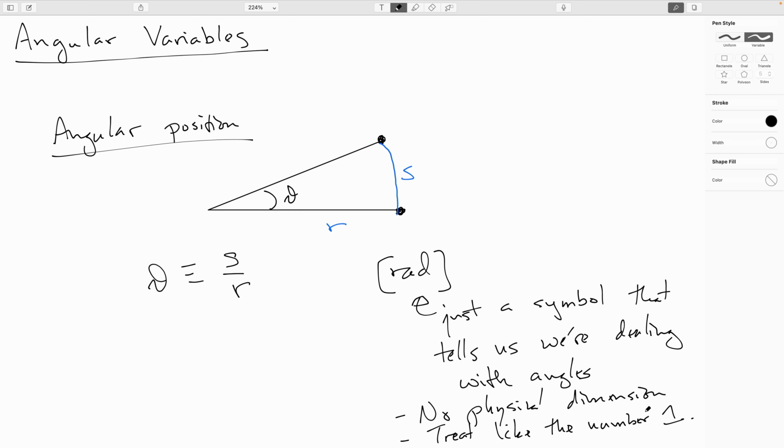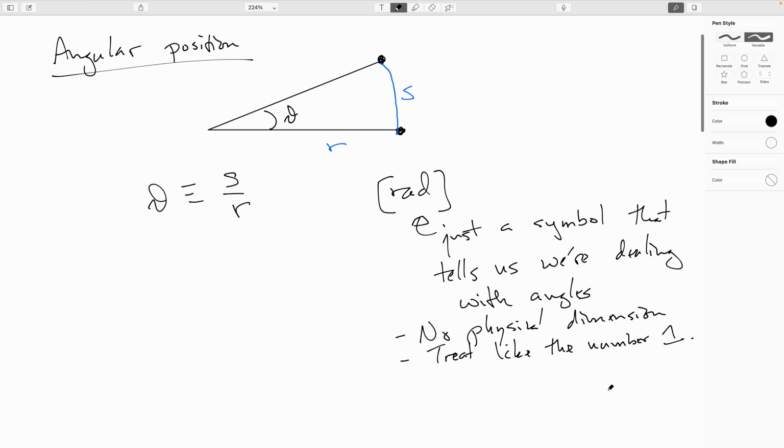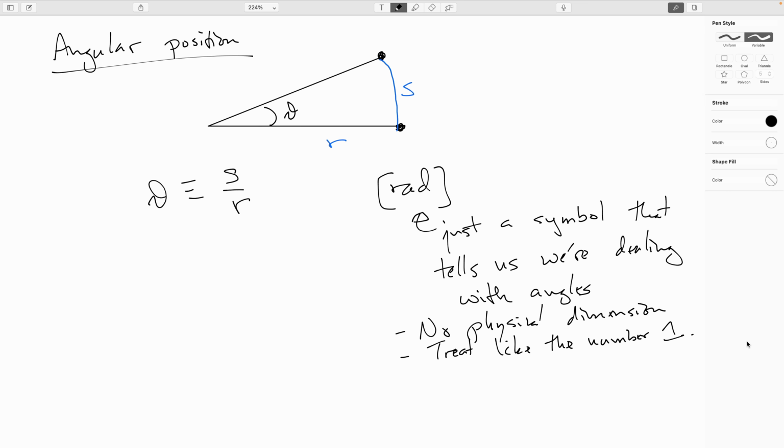I mentioned this because, as we'll see going along, when you're checking units, you may find that powers of radians don't match on one side of the equal sign versus the other. In fact, to show this clearly, we can multiply both sides through by r and get that the arc length is equal to the radius times the angle. Well, the arc length has units of meters.